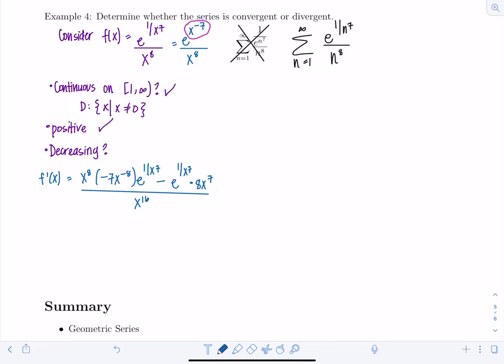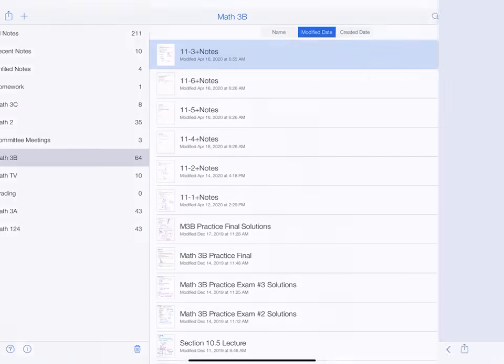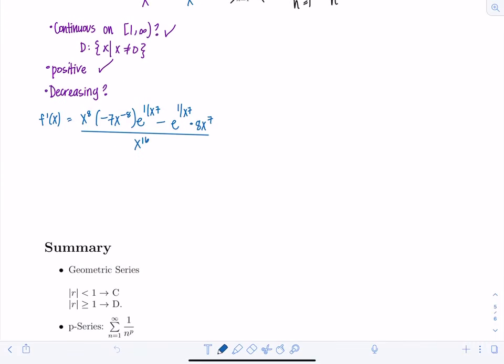And remember, I just want to investigate whether the derivative is positive or negative. So let's see. Ooh, can I factor out a common factor? Yes. I can factor out the e to the 1 over x to the 7th, right? Okay, so I take that out.